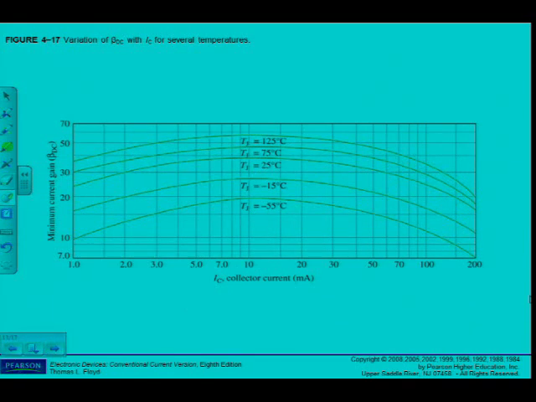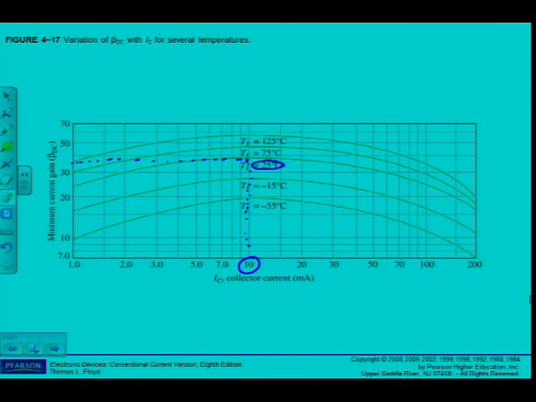Let's take a transistor that has to operate at what we call room temperature, 25 degrees, and let's say the collector current at this stage is 10 milliamps. If I look at 10 milliamps at 25 degrees, I see that my beta DC value is approximately 37.